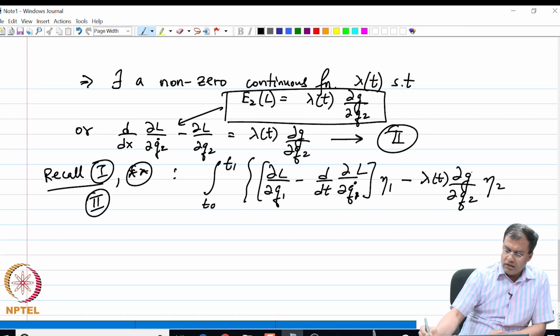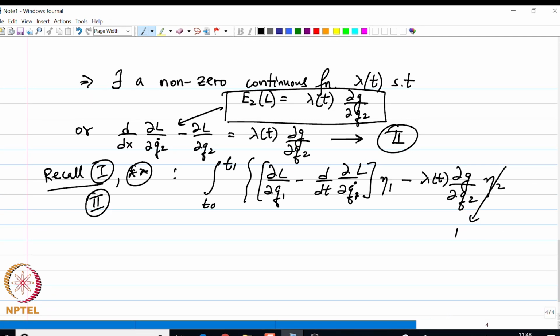Now I am going to replace this perturbation eta 2 using my relation double star, to arrive at a quantity from which I can take out the perturbation eta 1.